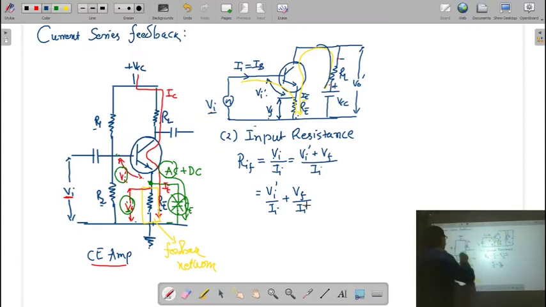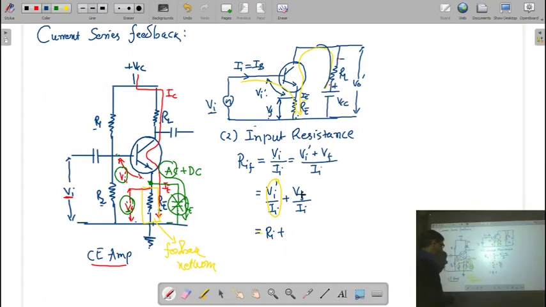And already you know that VI dash by II is nothing but the input resistance of the internal amplifier. Remember, because this input voltage is for the internal amplifier. So this ratio is the input resistance of the internal amplifier, and we can write this as RI plus VF by II.